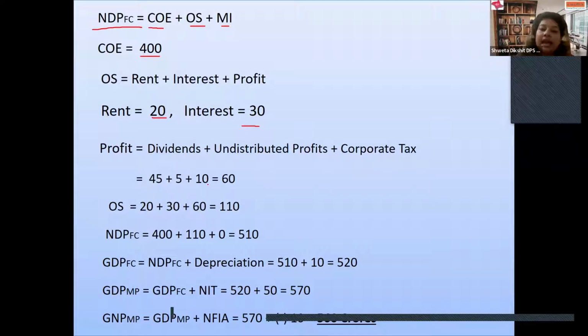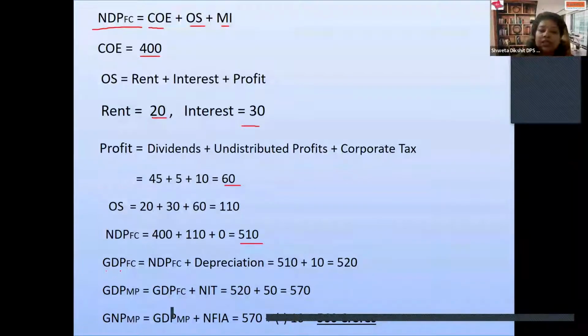Now let us add them all. 400 plus 20 is 420, plus 30 is 450. The addition of profit is 60. So 450 plus 60 is 510. This is the total of NDP at FC.